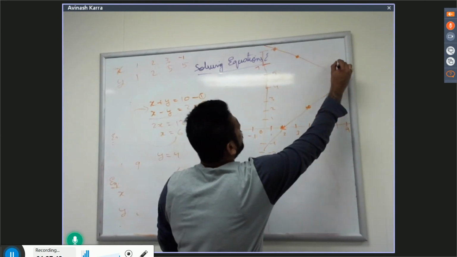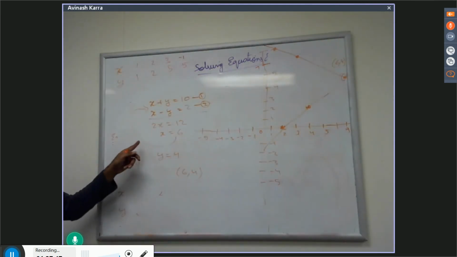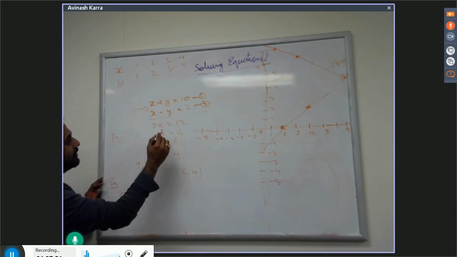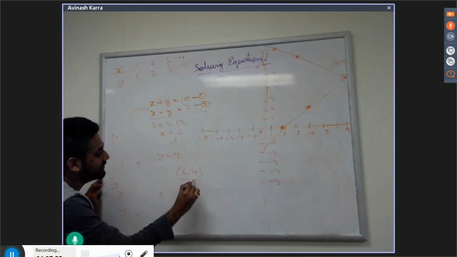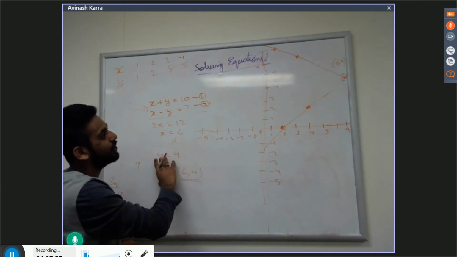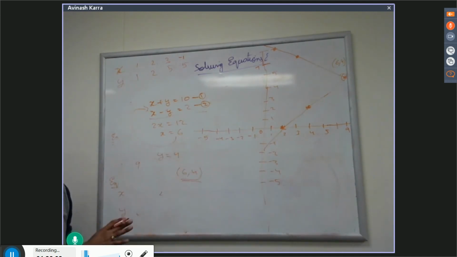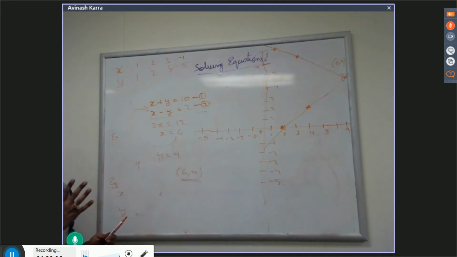This intersection point will be 6, 4. When you solve these two equations, it means that both equations are satisfied at this point. And if you want to represent it in the graph, it will be like this. But in SAT, they won't ask it. But if you have the knowledge of this, you will know what you are doing in the algebra.